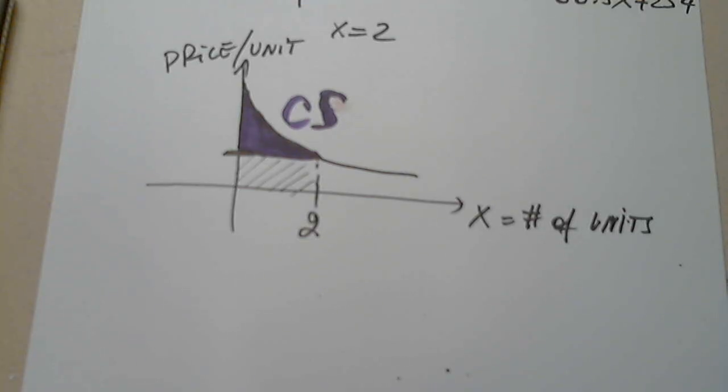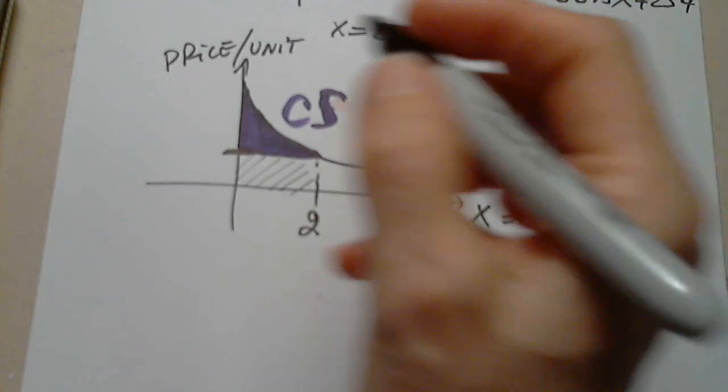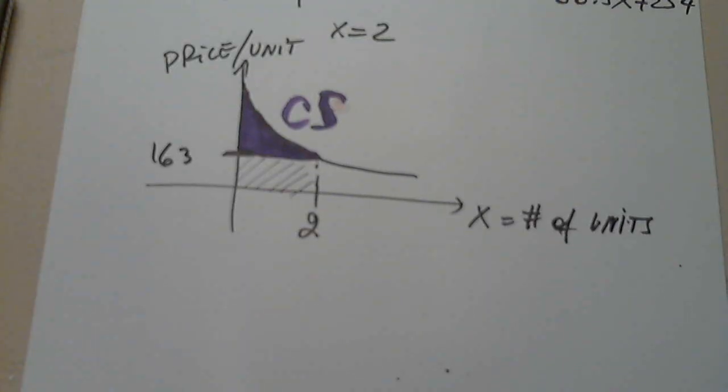Good. In y equals, clear anything and everything you have. And we punch in 7.5x squared, and then minus 60.5x, and plus 254. And did I enter it correctly? Yes. So now I'm going to go to second table, plug in 2, and it's 163. So $163 per unit.